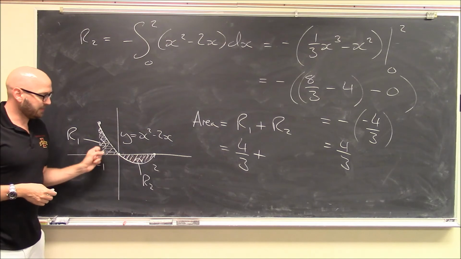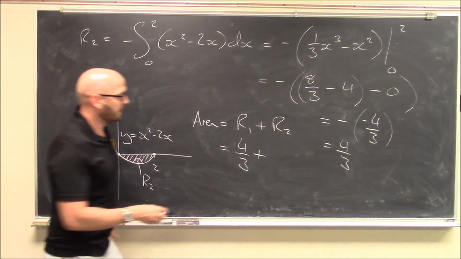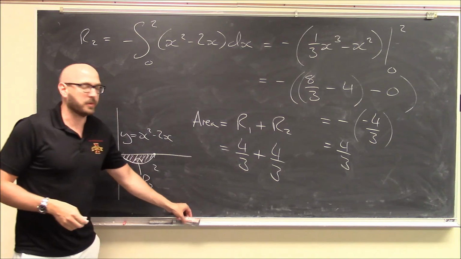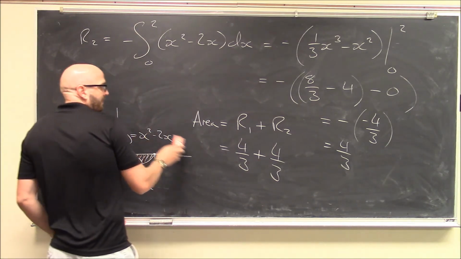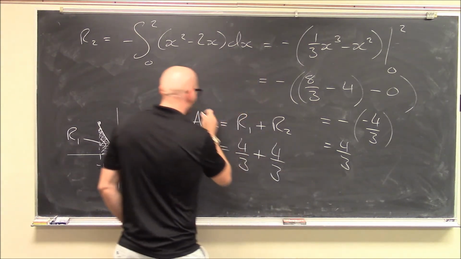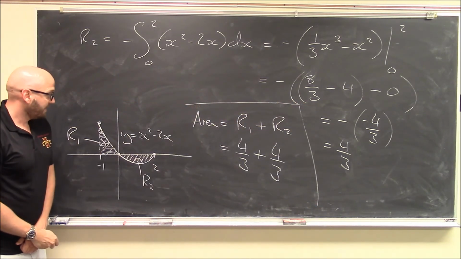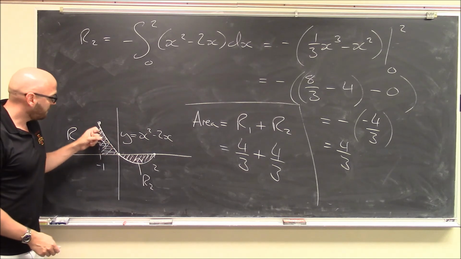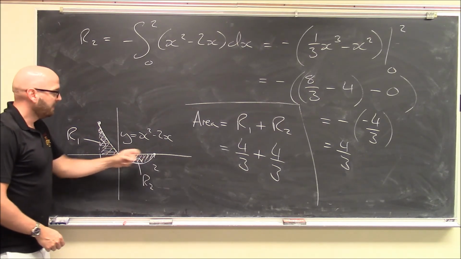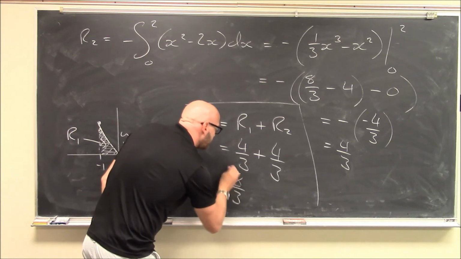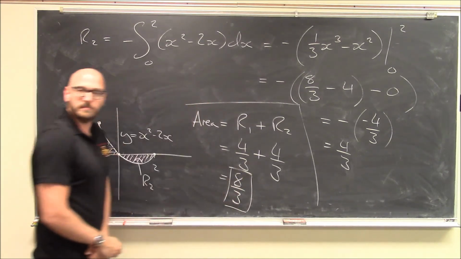These two shapes don't look the same at all, but they actually have equal area. The area of R2 is also 4/3. And I'm just going to box this off separately instead of erasing everything. What does that mean our total area is? The area between the curve and the x-axis is 4/3 plus 4/3, which is 8/3.